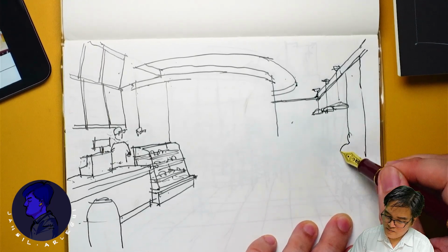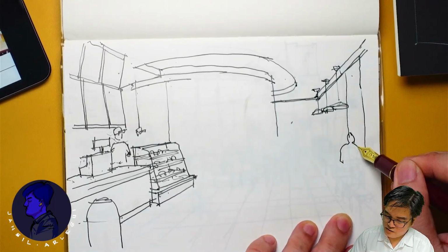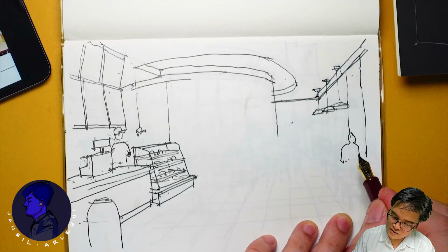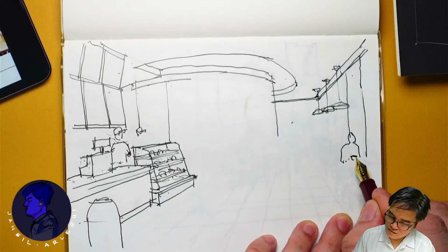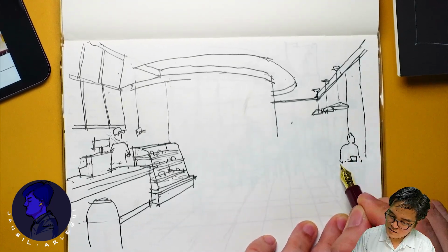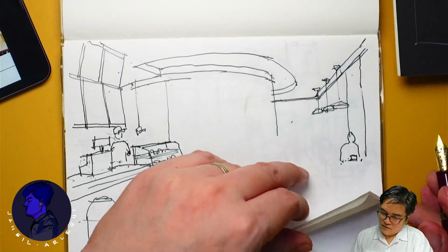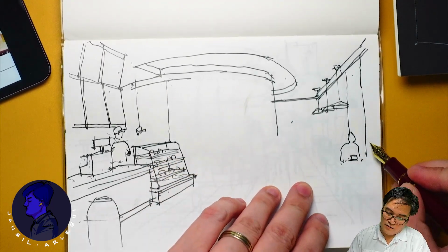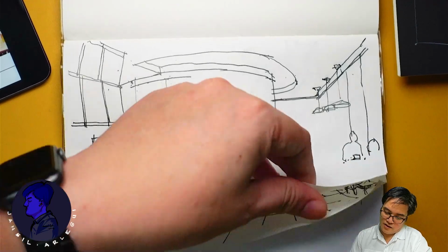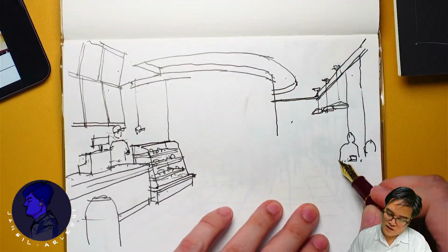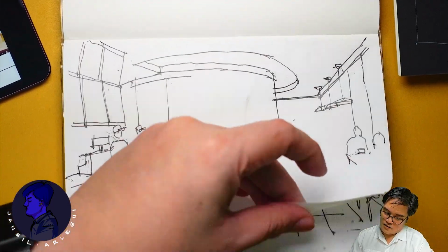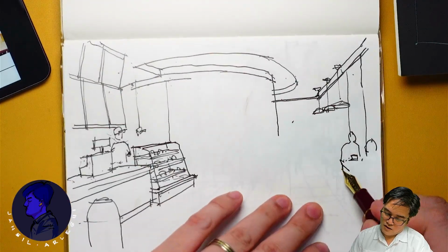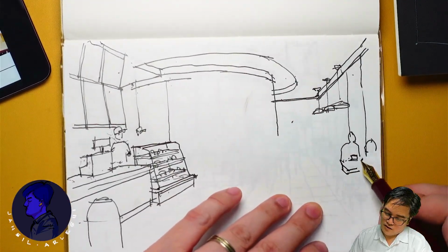So silhouettes of people, for example, since I already drew the initial cups. And then if you're having a hard time understanding where things are, you can always lift your page, look, and draw out what you need.